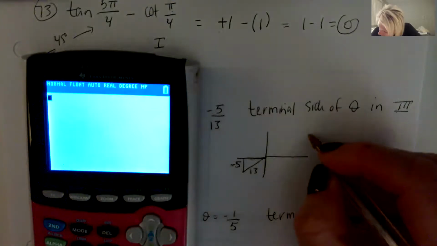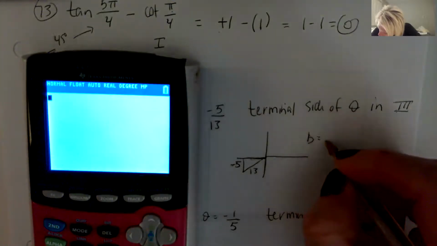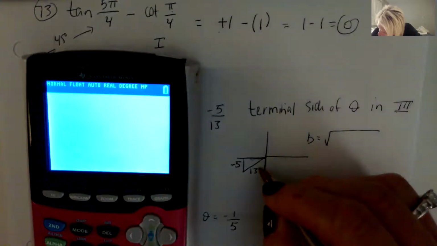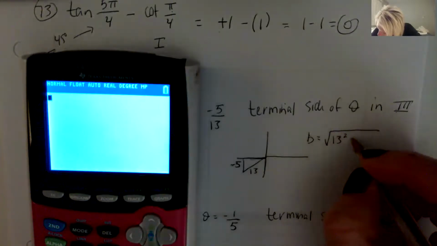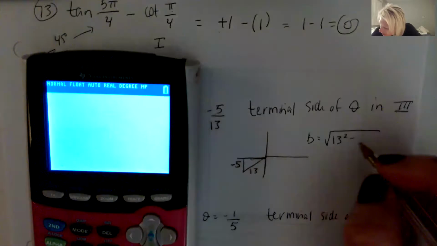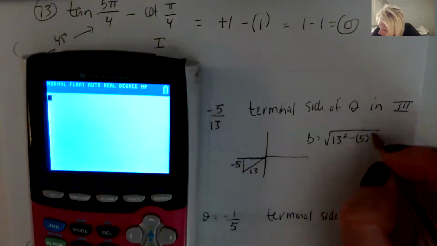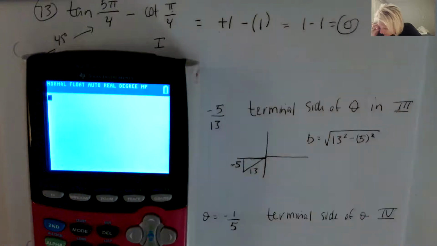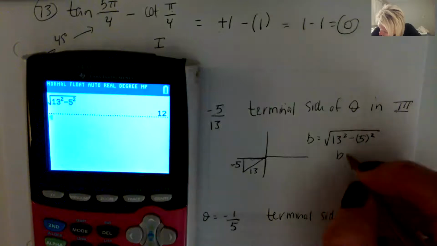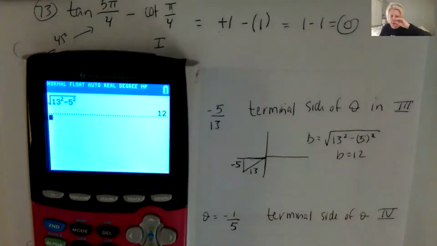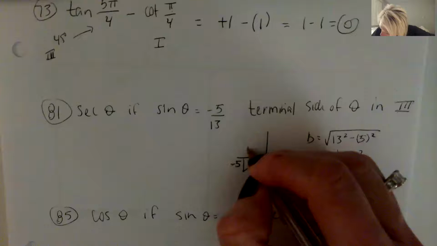So side B is equal to the square root of our hypotenuse, 13 squared, minus a squared, which would be a -5 squared, which will still be positive. So the square root of 13 squared minus 5 squared, 12 it is. It's a special triangle, 5, 12, 13. Okay, so this is 12.